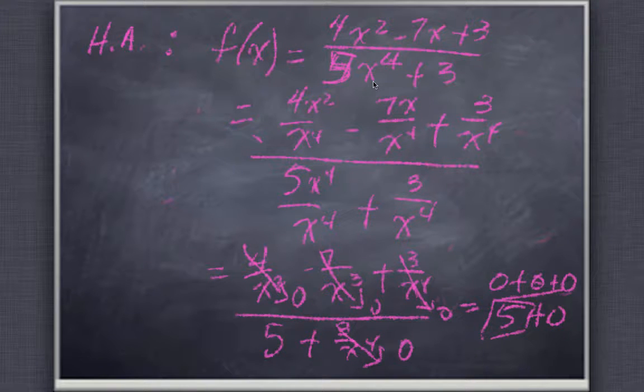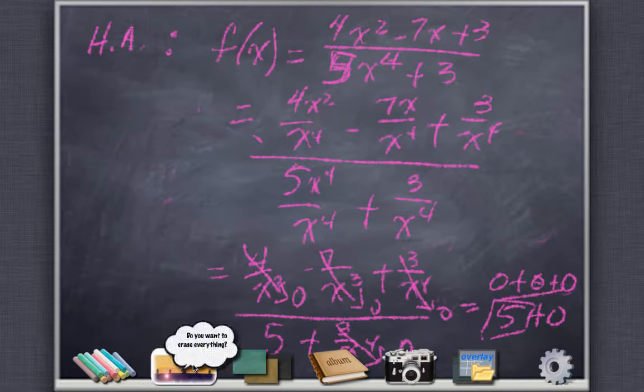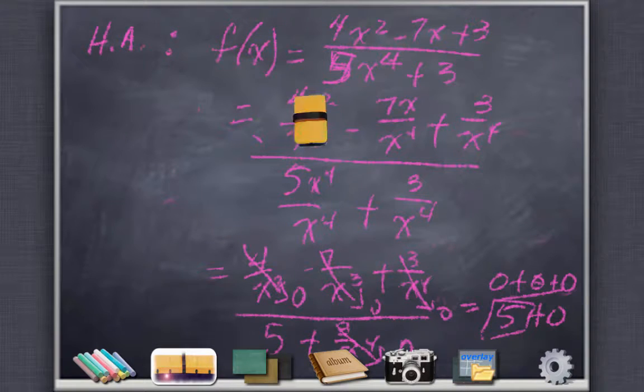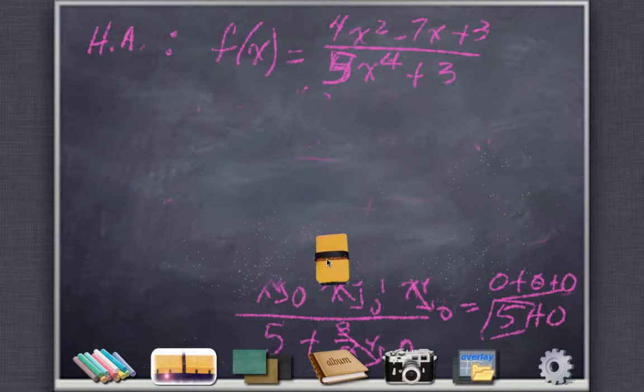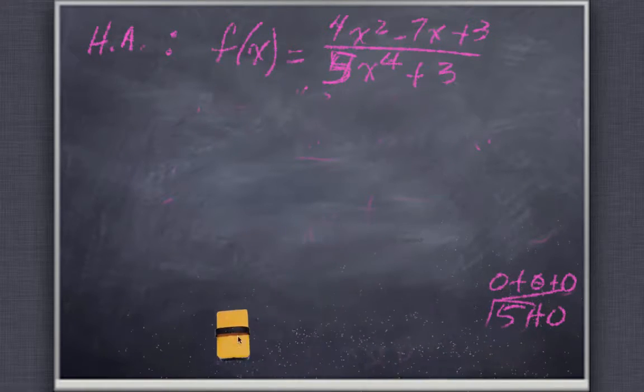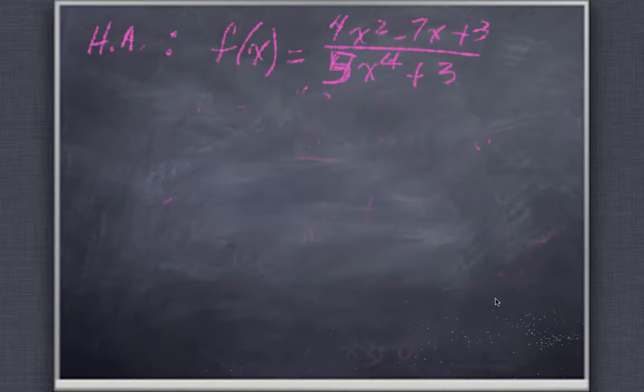Everything else ended up going to 0. So when I looked at this to start with, I could have said, okay, well, everything's going to go to 0 except the guy who's growing fastest.